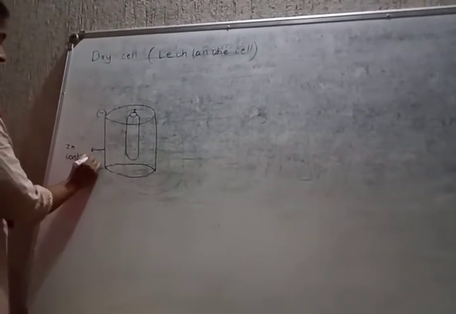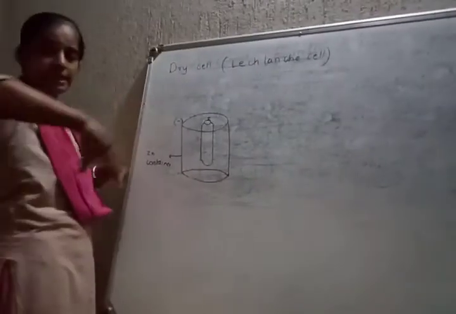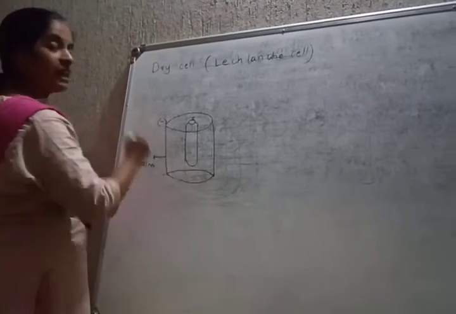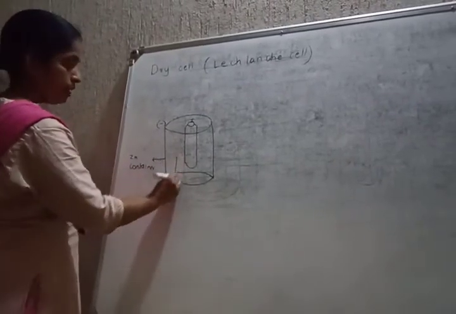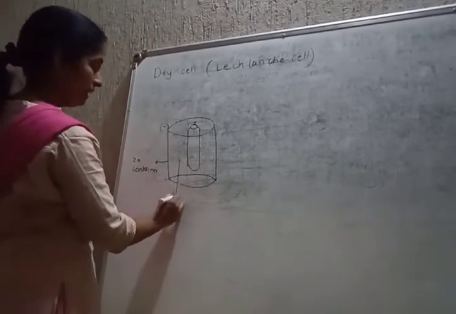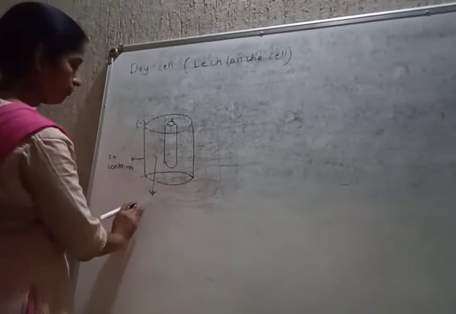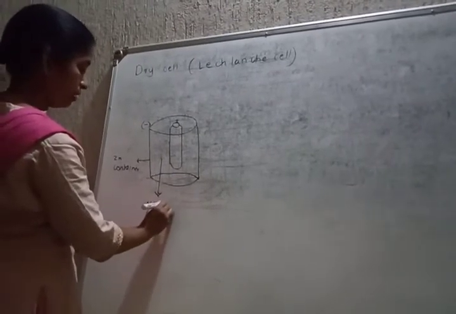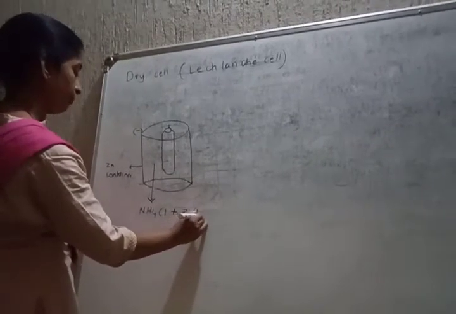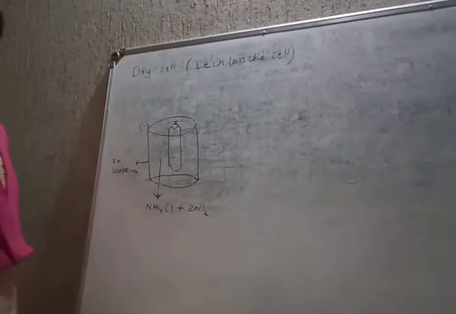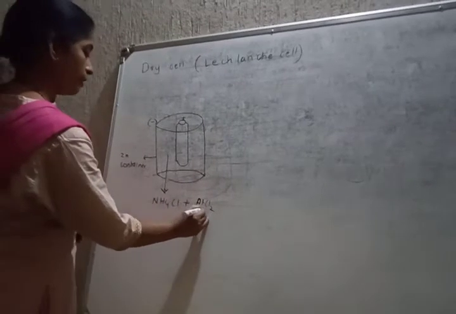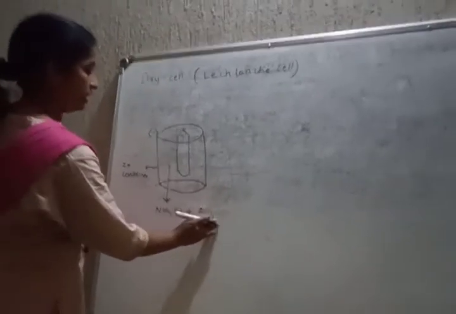Zinc container is surrounded from within by a porous plate to prevent its contact with the electrolyte. पूर्ण ही जी रिकामी जागा आहे ना, हा स्पेस जो दिसतोय, it is filled with a paste of ammonium chloride and zinc chloride. Okay, it is filled with a paste of ammonium chloride and aluminum chloride, AlCl3.